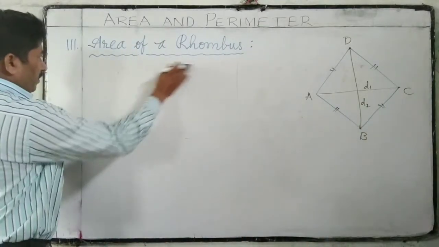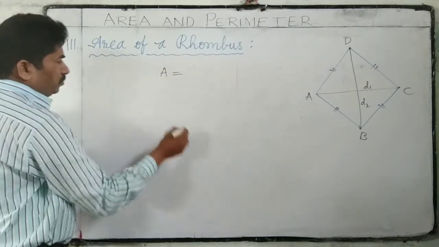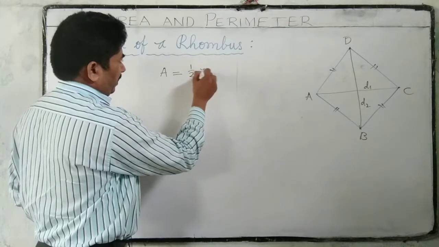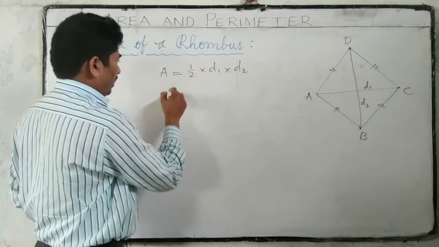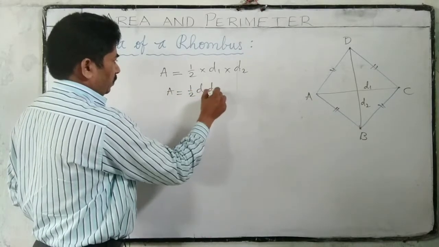So area of rhombus A is equal to half D1 into D2. In short, A is equal to half D1 D2.